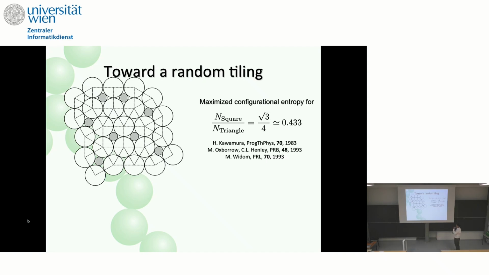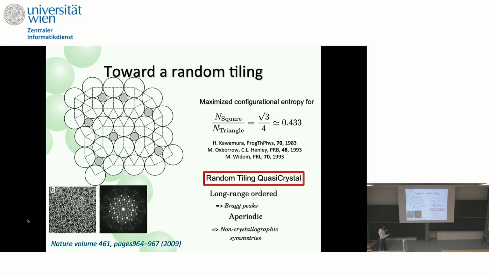And so we wanted to see if in a thermal system we could see this kind of structure, where you would expect to have squares and triangles, right? And it's very slow. And so this is a random tiling, so you have long-range order that gives you Bragg peaks, but it's still aperiodic, and these are the famous pictures. So this is actually a nanoparticle system that is quasi-periodic, and this is probably the Bragg peak of this guy here, right?